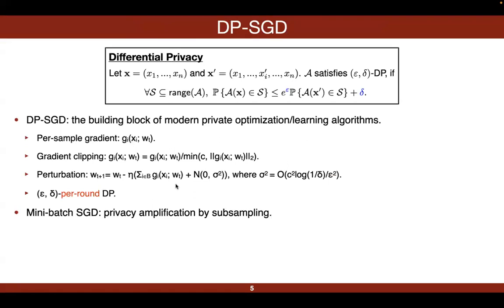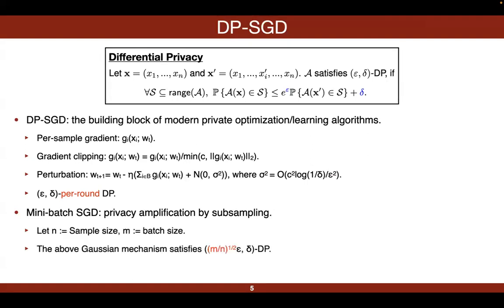So in other words, we are approximating this entire training algorithm by this per run gradient estimate task, a mean estimation. But this may not be optimal because we are just minimizing the per round error.